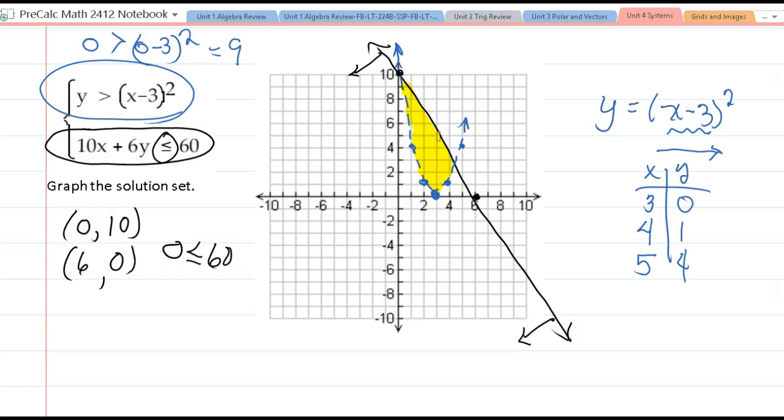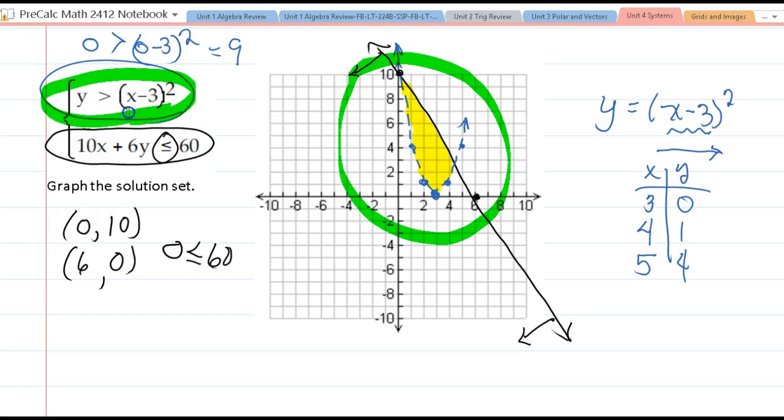We can also see that this is bounded, because technically I can create a circle and bound it within that circle. That's how you can tell if something is bounded or not. For the next test, you're not guaranteed to have a parabola, but I wanted to remind you that if you have y equal to x squared minus 3 like this, or plus 3 out here, that shifts it up or down.